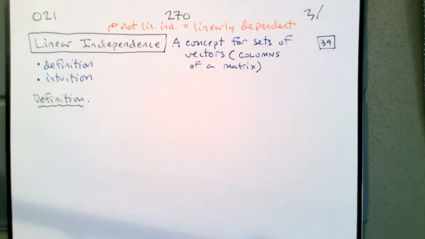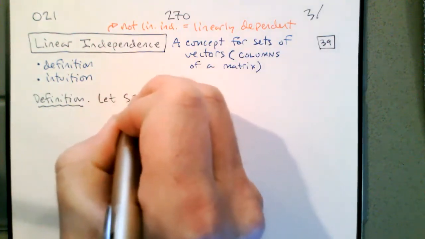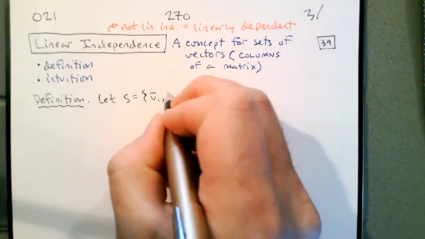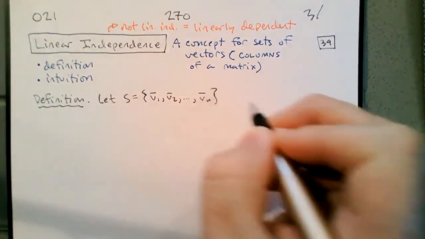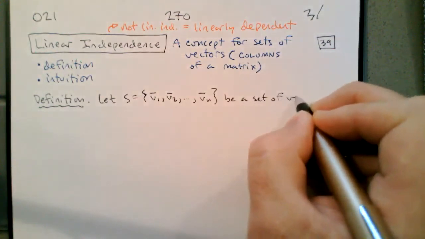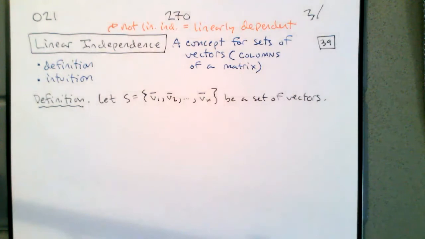Let's talk about the definition of linear independence. This is something that applies to sets. So let S be a set of vectors, and it's going to have a bunch of vectors, v1, v2, through vn. So start with a set of n vectors.